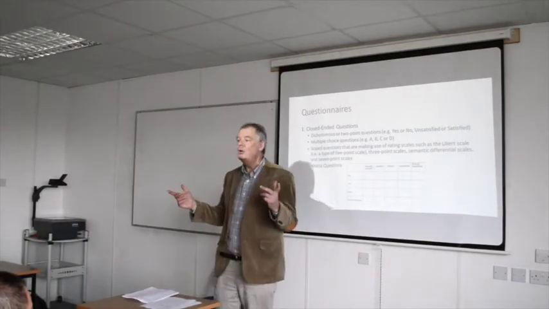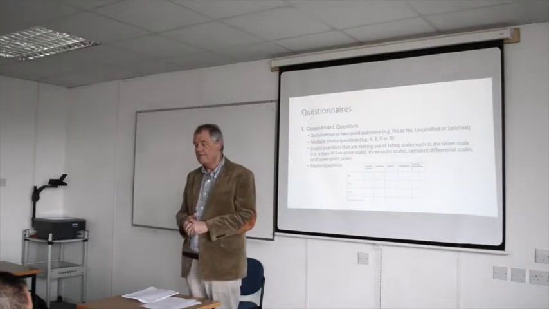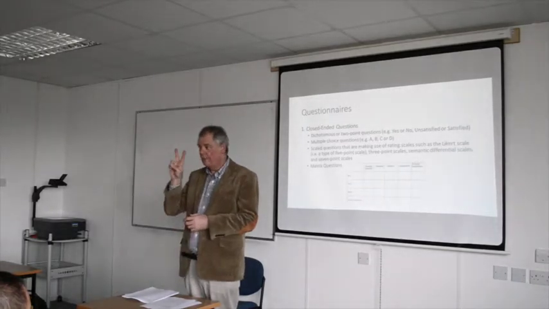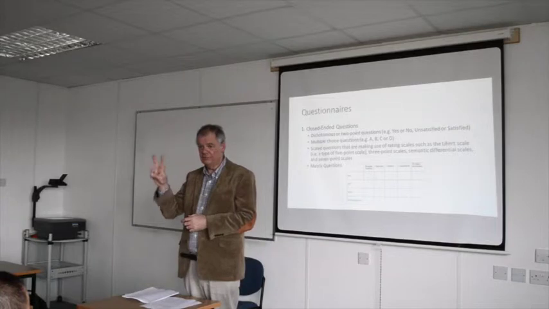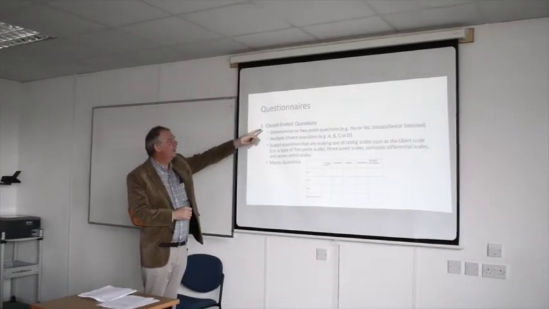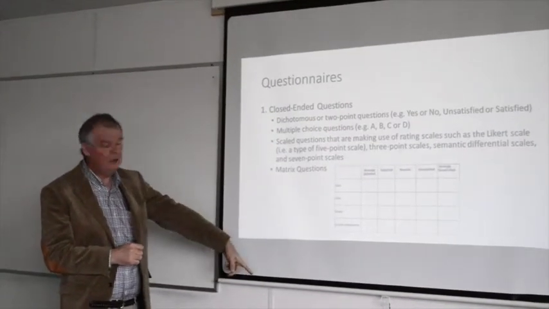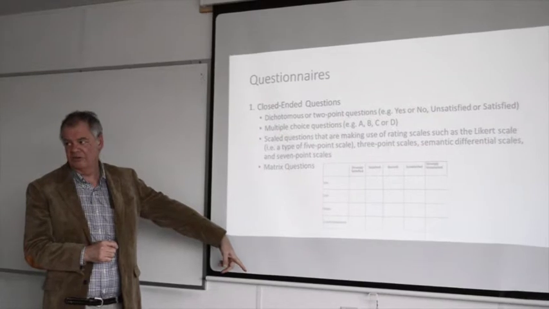Once you've decided how you're going to do your questionnaire, you then need to ask yourself, what kind of questions can I ask? And there are two basic kinds of question. There's what's called the closed-ended question, and correspondingly on the next slide, there is the open-ended question.